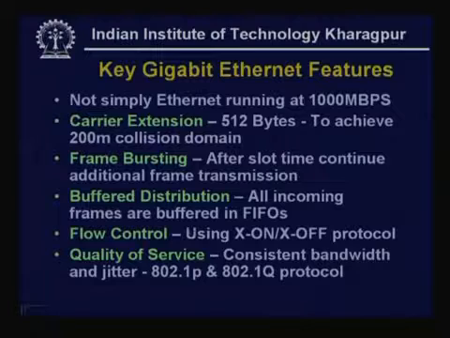So, quality of service has been added to gigabit Ethernet to support consistent bandwidth and jitter, and the standards are named 802.1p and 802.1q. By following these standards, quality of service is maintained by gigabit Ethernet, so that it can support real-time traffic like voice and video, which cannot be supported by Ethernet.